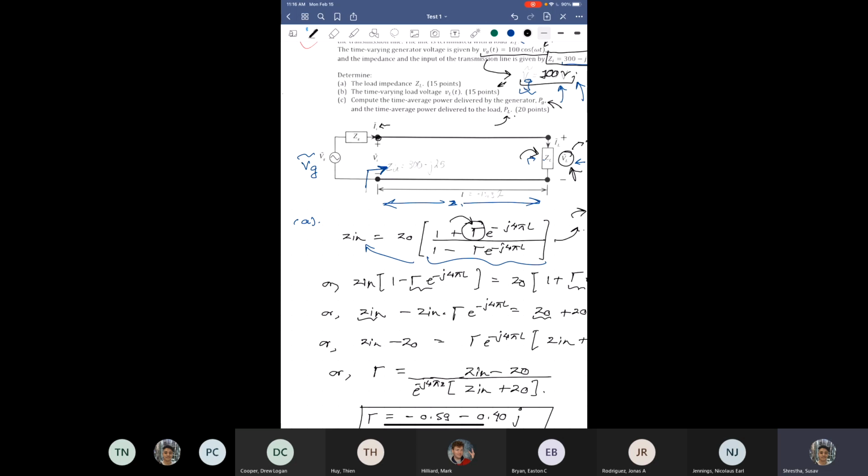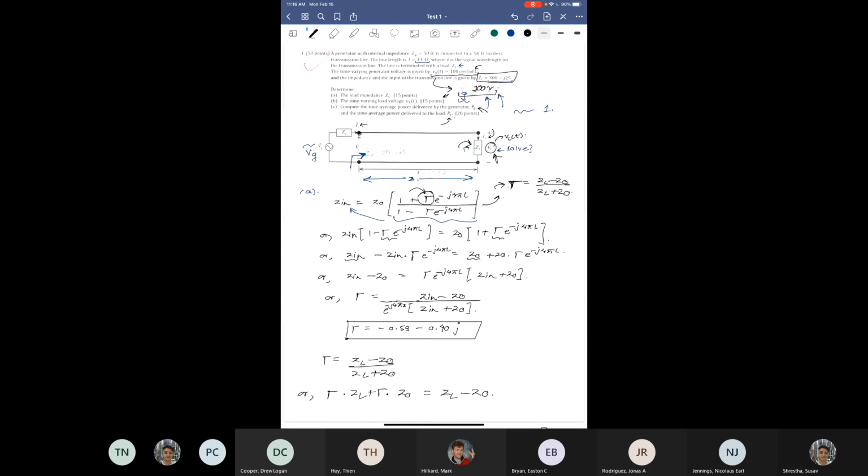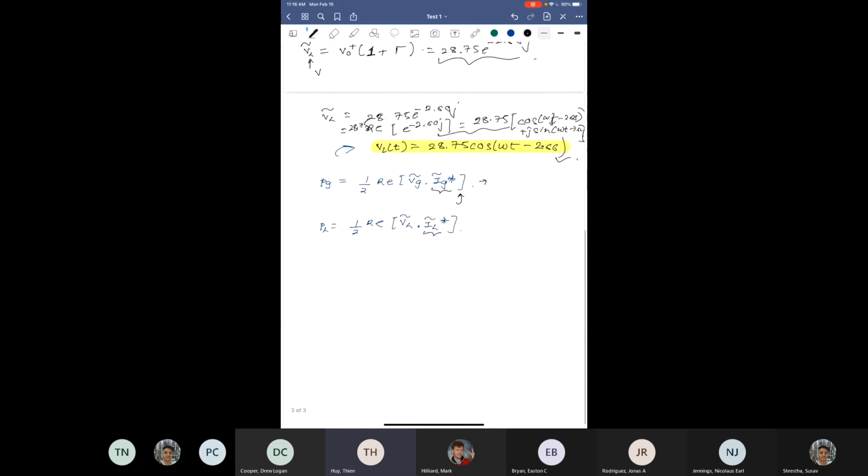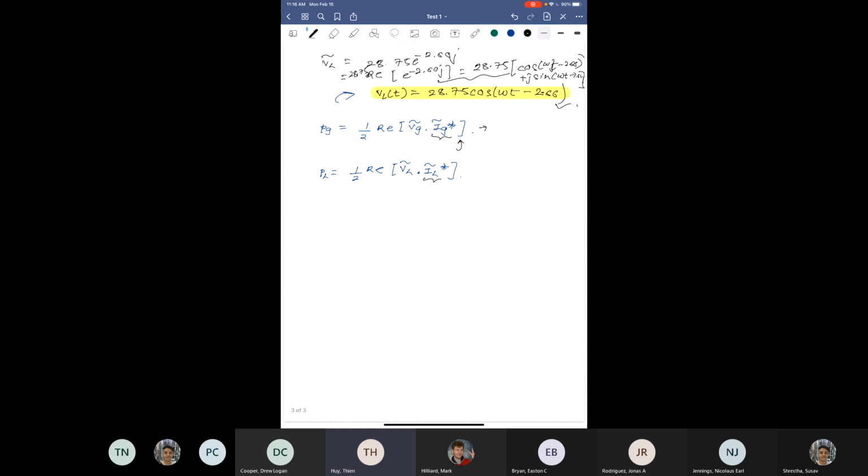And for the load, you basically have to solve for the I of L. Well, I think essentially it's the same. It gives the same answer for either if you use I in or IG.